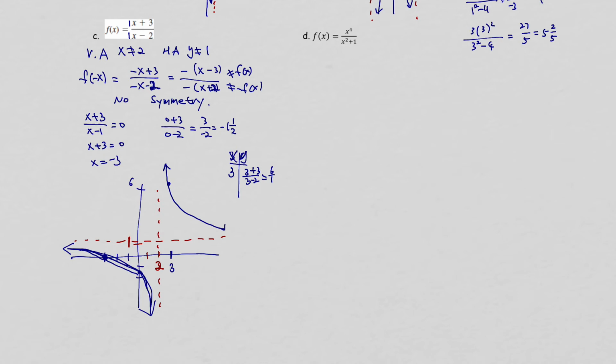Let's try another one. This time, you don't have vertical asymptotes and no horizontal asymptotes, because the numerator exponent is larger. So very little information. What about symmetry?